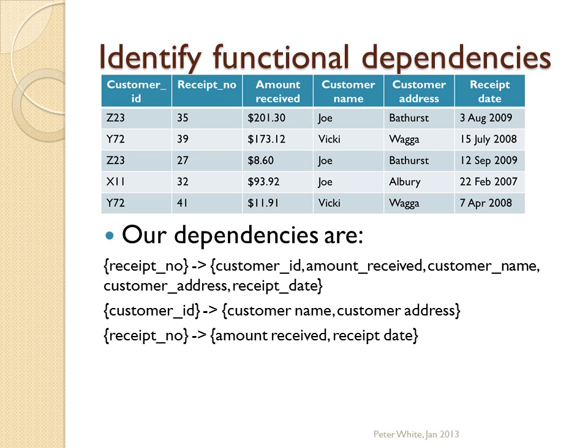The primary key here is receipt number inside a set of curly braces, and it determines, with an arrow, and again in curly braces, everything else in this table, because if it's the primary key, it's going to determine all of the other attributes in this table. So customer ID, amount received, customer name, customer address, receipt date. So we have this initial dependency. Everything is dependent on the primary key.